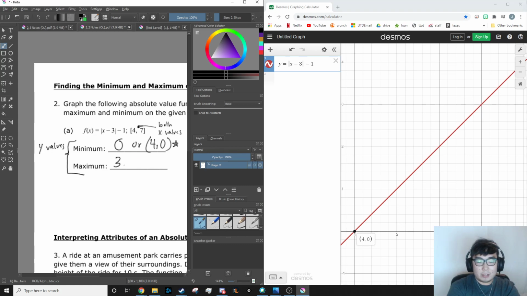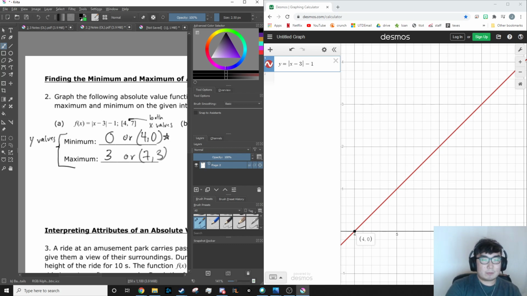So I can write 3 or 7, 3. Nice. Pretty simple. Really, the idea behind this is that you understand that maximum and minimum are y values, and your bracket, like your interval, these are x values.